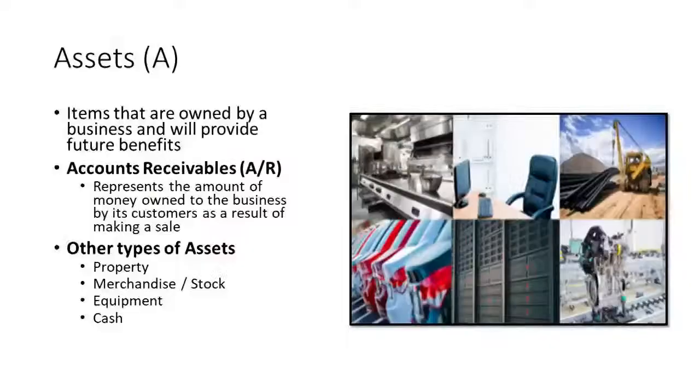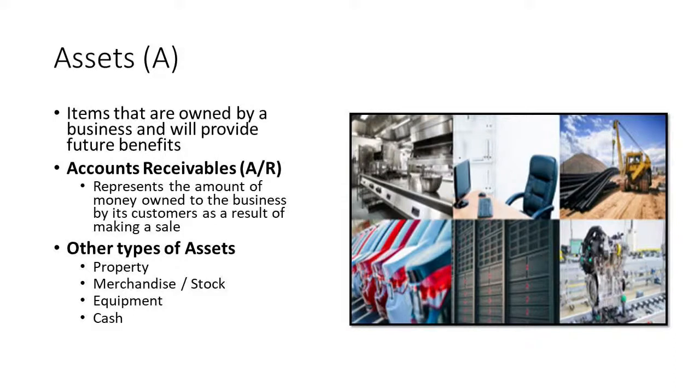All right, before we do that, we need to go in and explain what each of these are. Assets, liabilities, owner's equity. So let's talk about what an asset is. Assets are items that are owned by a business and will provide future benefits.